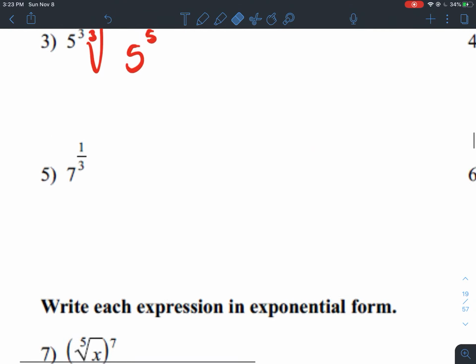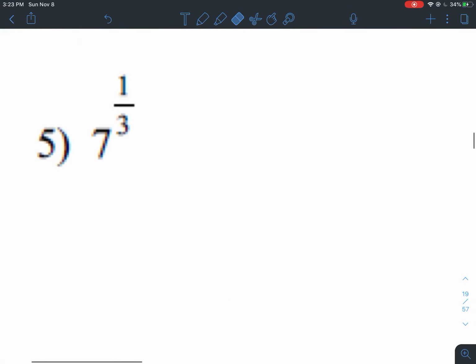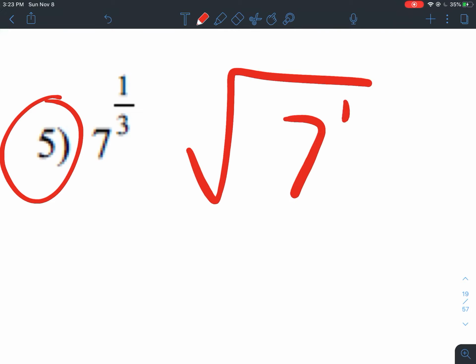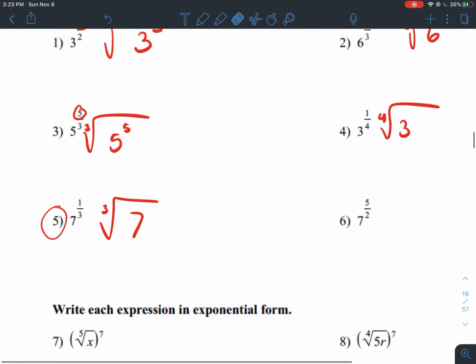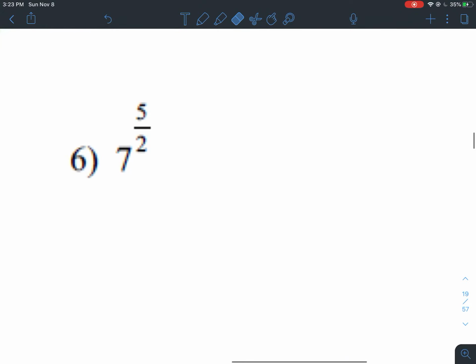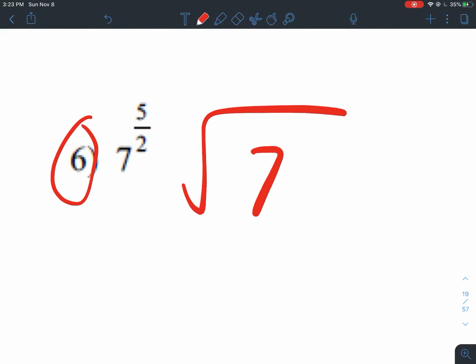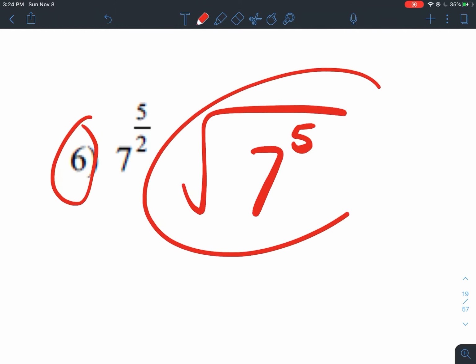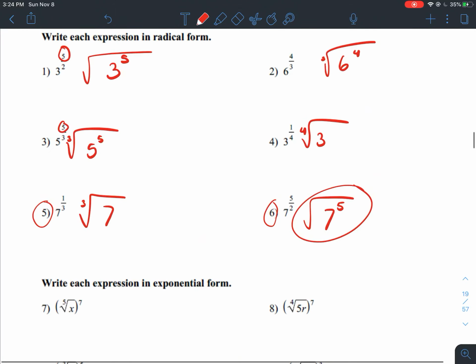For this one, think about how we would write this as a radical. We'd make our radical. It would be 7 to the first, root 3, but we don't write 7 to the first, so it would just be the cube root of 7. Same thing for the 6 here. We've got a root, a power of 5, and then that imaginary 2 there, so it would just be the square root of 7 to the power of 5.